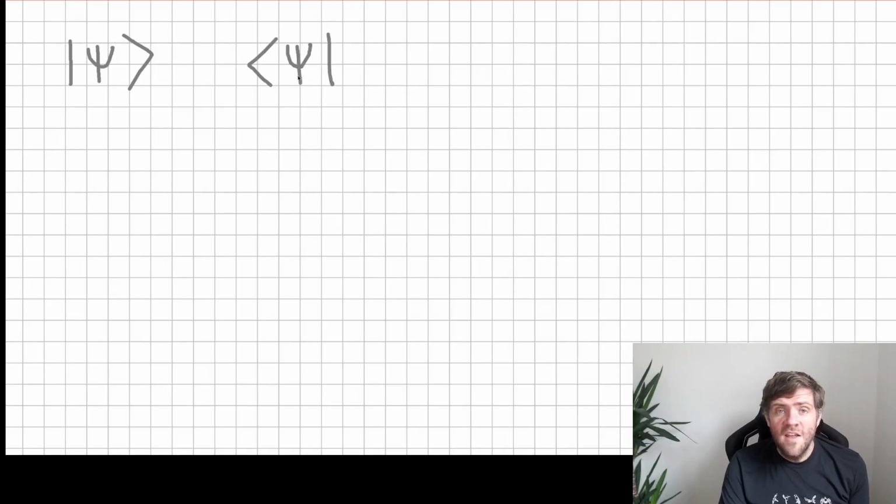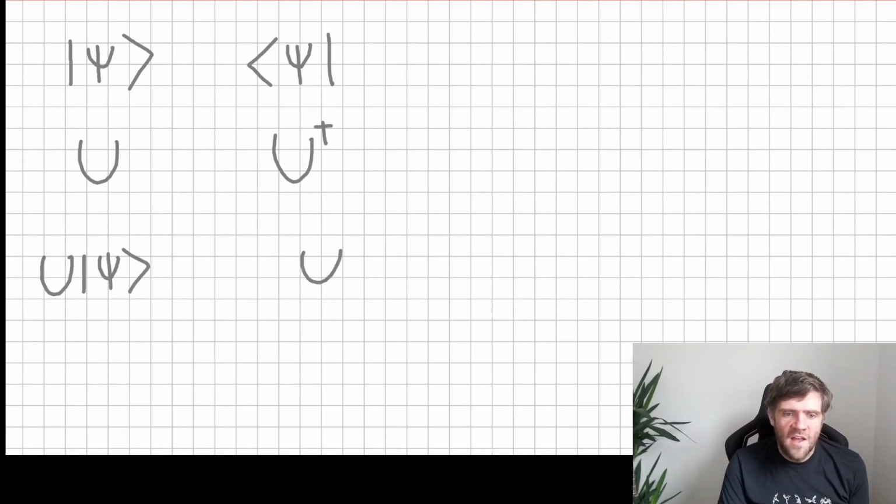Now similarly, if you have a particular representation of a gate as a matrix, let's just say U to be general at the moment, there is an equivalent representation U dagger, which is known as its Hermitian conjugate. And basically, the only way we're going to really be talking about this at the moment is whatever effect U has on a ket, U dagger has the same effect on a bra.